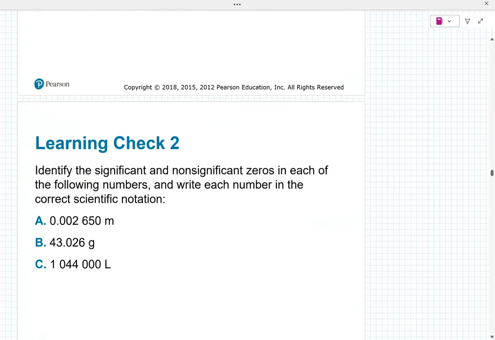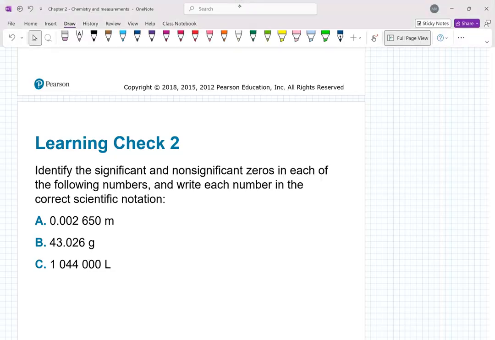You will have questions on significant figures focused mostly on the numbers, like how many significant figures are in this, or which of the following numbers has 4, 5, 6, whatever significant figures. So you should be able to determine that. So let's do this. We're going to highlight significant figures with yellow.